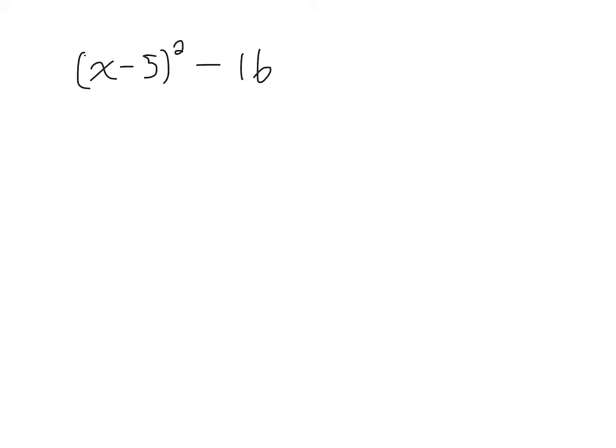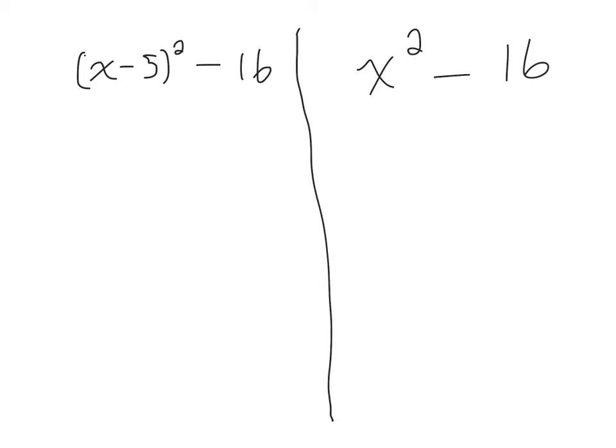So I just want to juxtapose it or compare it to a simpler difference of squares, and then you'll see how they really compare. So I'm just going to create my little line here, and I'm going to use a simpler difference of squares. Let's say instead this was x squared minus 16, and I said, factor this. Well, what would you do? You would first create your two brackets.